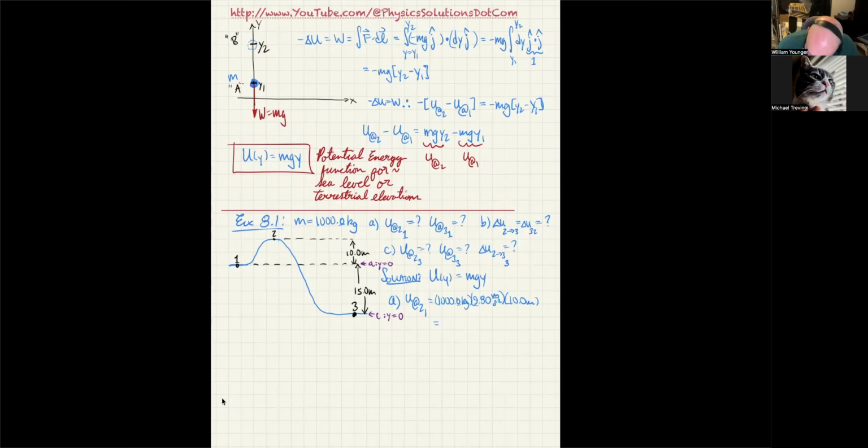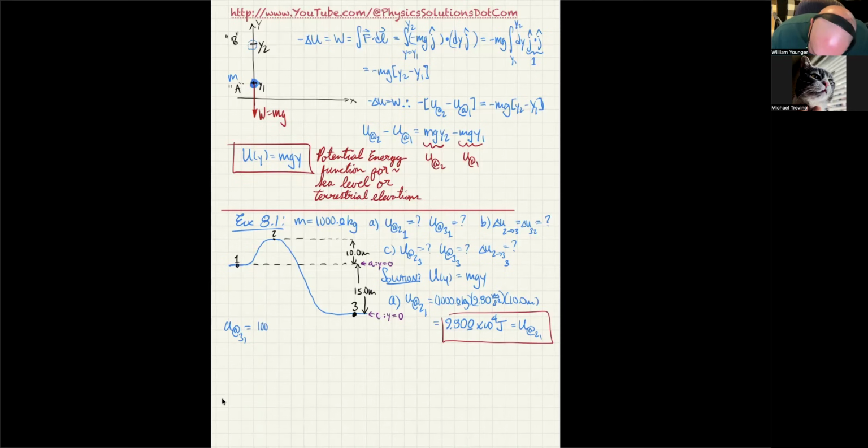And that gives me 9.8 times 10 to the fourth joules is equal to U at 2 relative to 1. So I'm going to go ahead and circle that as one of my answers. And now I'm going to do U at 3 relative to 1.